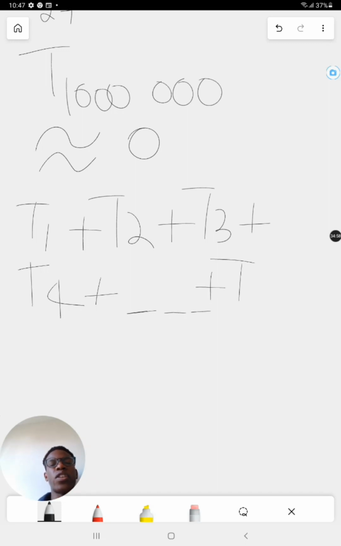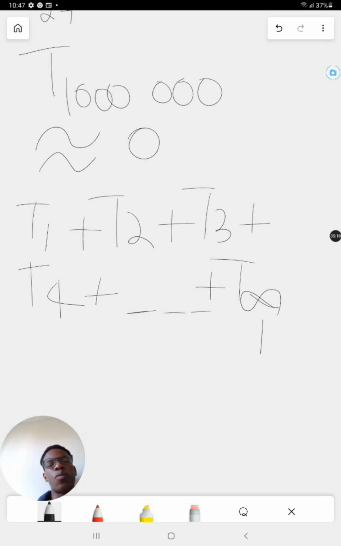So let's say you get to a point where you've got term infinity, right? Term infinity is a term that is so far ahead, very, very far ahead. It's too far for us to get to by writing all the terms individually up until we get to that term.